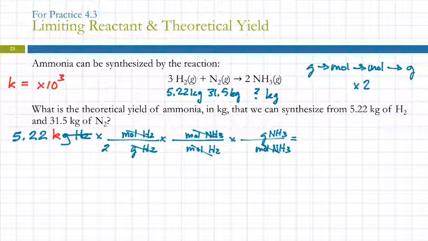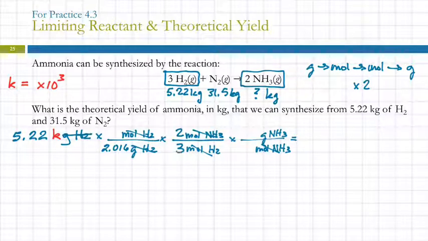2.016. Because I take 1.008 and multiply by 2. And then this ratio here, what do I put in front of moles of ammonia? 2. And in front of the hydrogen, I've got 3 moles of hydrogen for 2 moles of ammonia. 2 moles of ammonia, 3 moles of hydrogen.